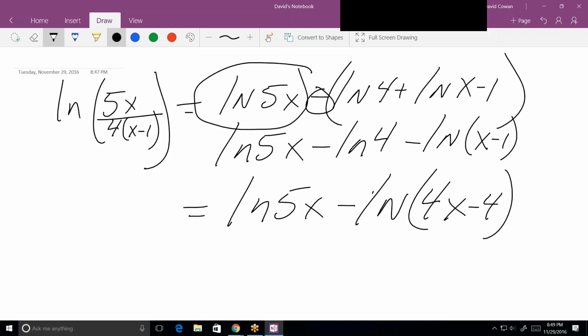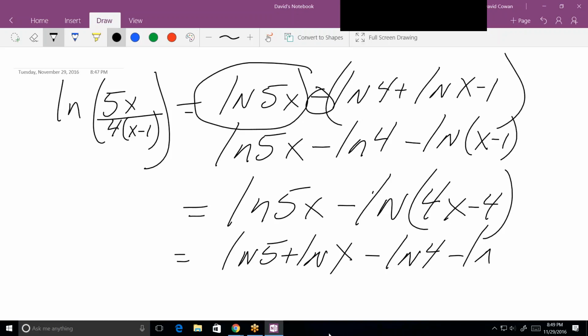That's one answer. Another answer would be natural log of 5 plus natural log of x. That takes care of the numerator. Minus natural log of 4 minus natural log of x minus 1. That takes care of the denominator. These are the same. All 3 of those are the same.